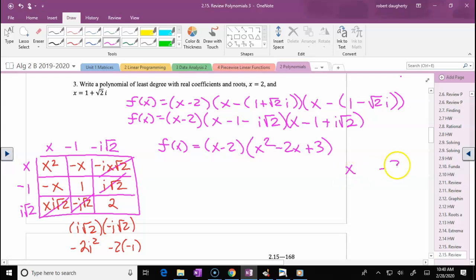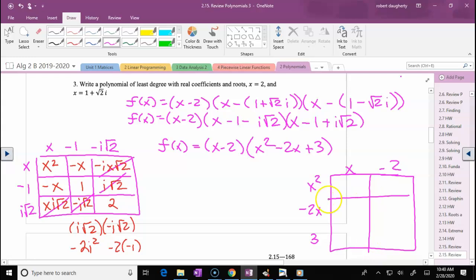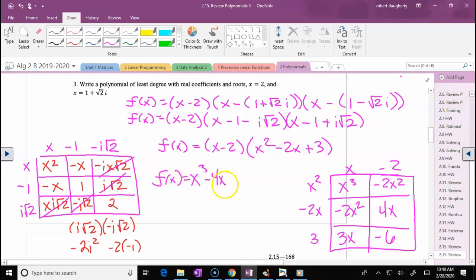So x minus 2, x squared minus 2x plus 3. This gives me x cubed minus 2x squared minus 2x squared plus 4x plus 3x minus 6. Final answer, f of x equal x cubed minus 4x squared plus 7x minus 6.